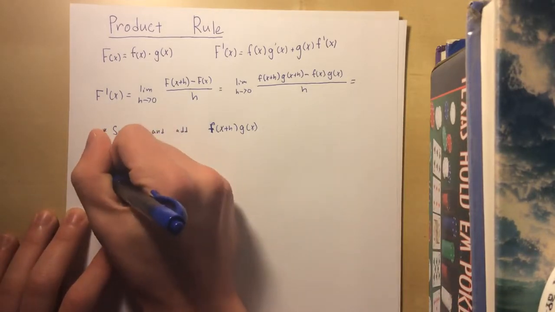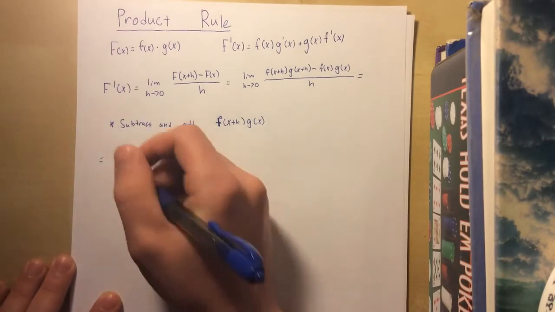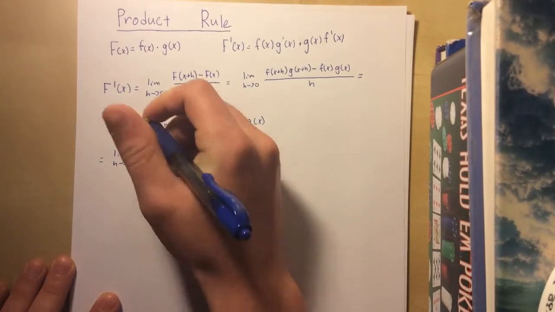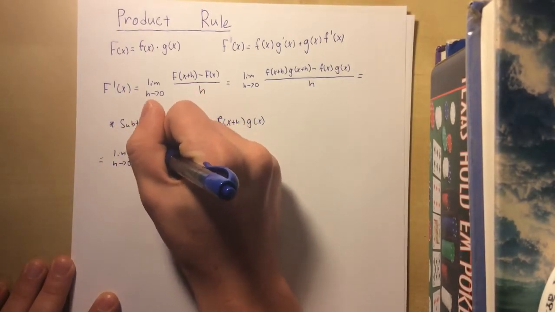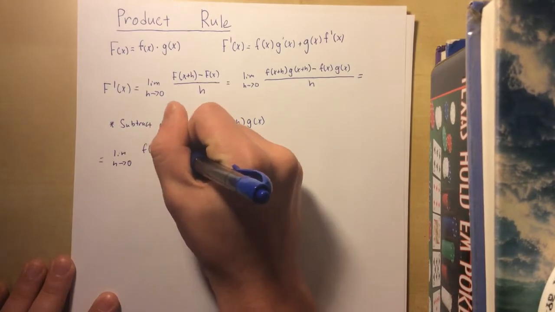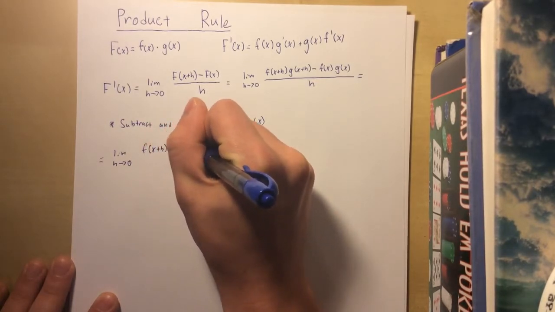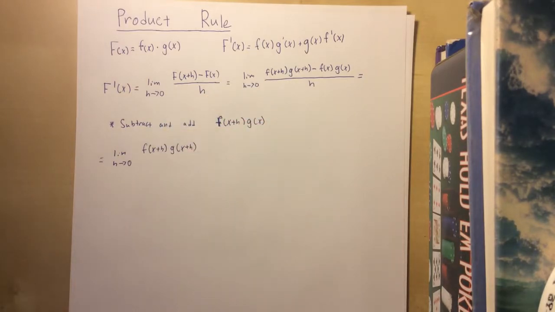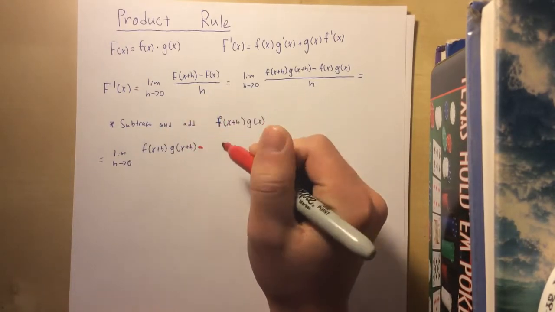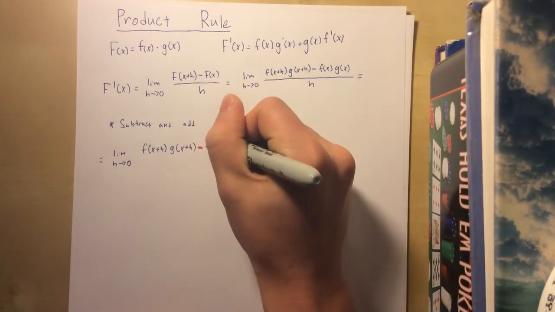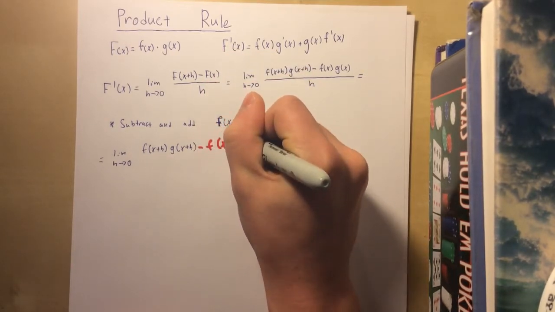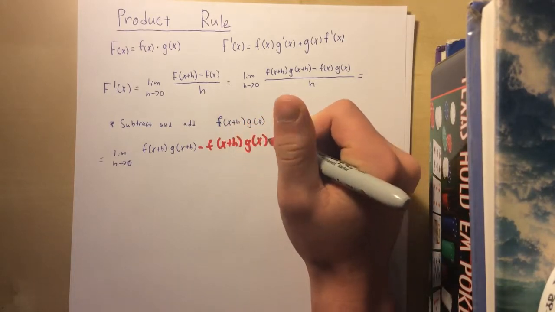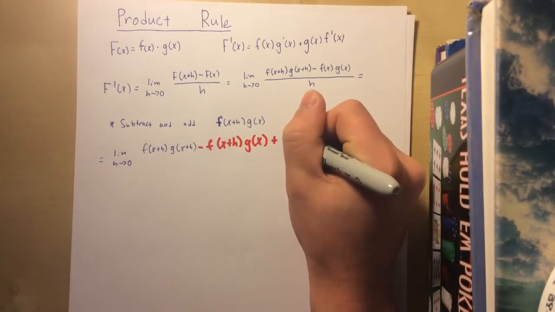So we were here. We have the limit as h approaches 0 of f of x plus h times g of x plus h. And here I'm going to show you that we're subtracting this term, so minus f of x plus h, g of x, and then I'm going to add that term.